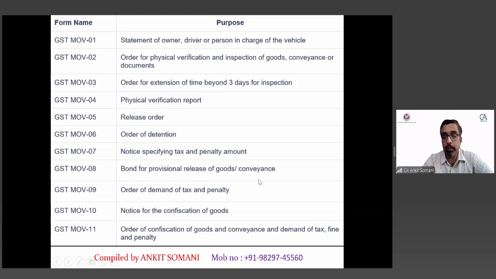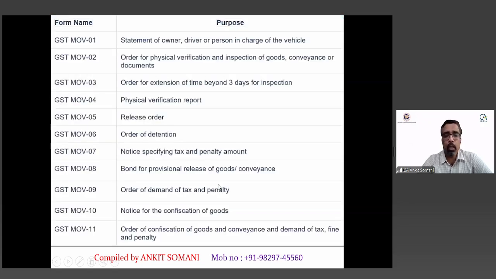It is a case specifically where the owner or the consignor or consignee are not willing to make payment of any penalty. In such a case, they can even furnish a bond for provisional release of goods or conveyance per se. MOV-09, order of demand of tax and penalty. MOV-10, notice for confiscation of goods. MOV-11, order of confiscation of goods and conveyance and demand of tax and penalty.